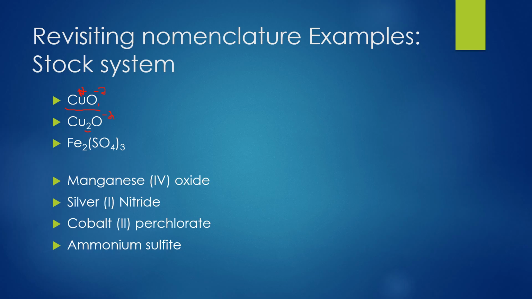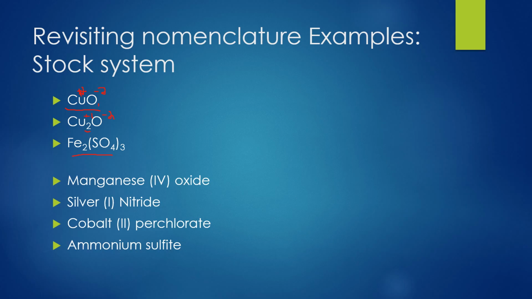However, since there are 2 copper atoms, each of the copper atoms is going to have a +1 charge. Because if each has a +1, that's going to be a total of +2 on the cation side. So in this second example, our copper is copper 1. So when we write the name of it, we would write copper, Roman numeral 1, and then oxygen becomes oxide. So copper 1 oxide.